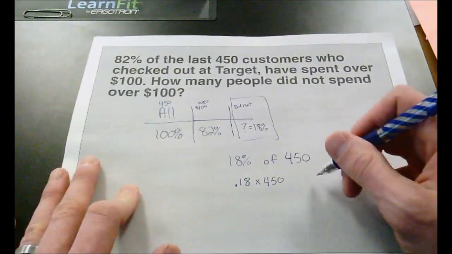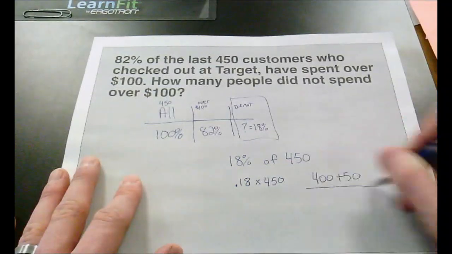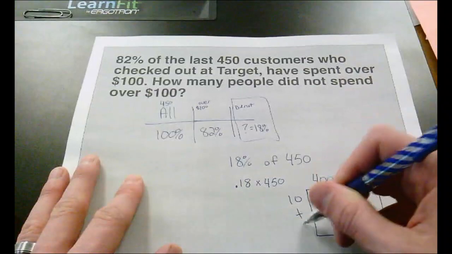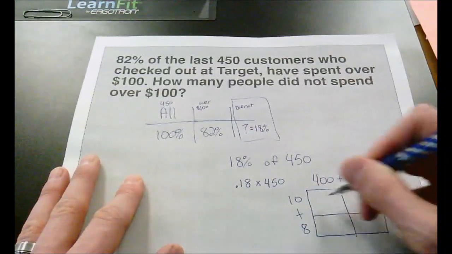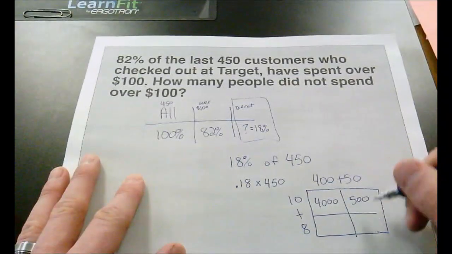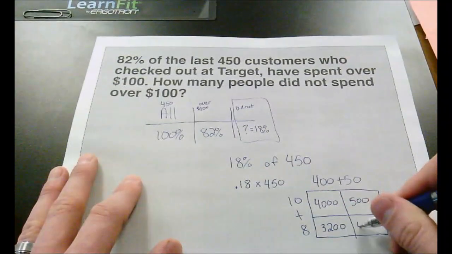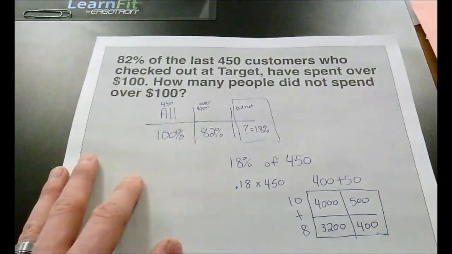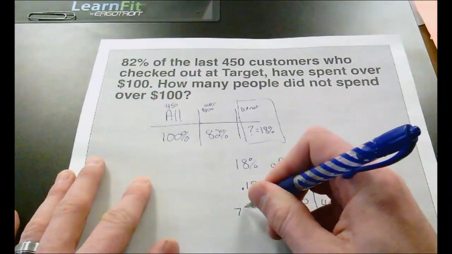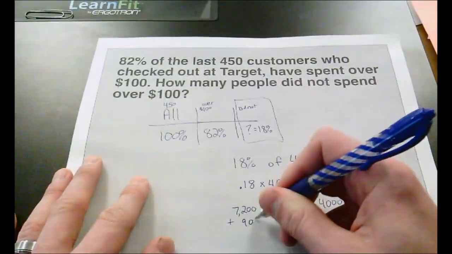I'm going to set this up in the strategy that most of your students use, 400 plus 50, 10 plus 8, do the multiplication, 4,000, 500, 3,200, and 400. I'm going to add these up. You get 7,200 plus 900.